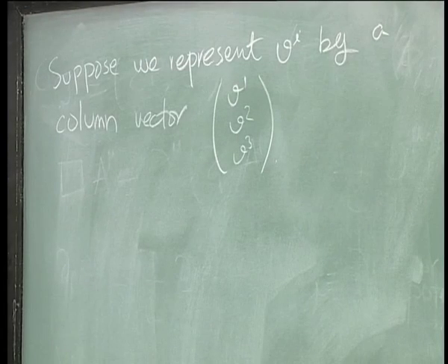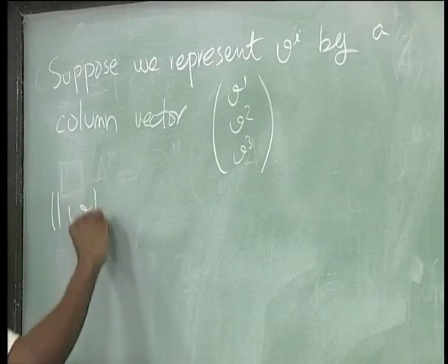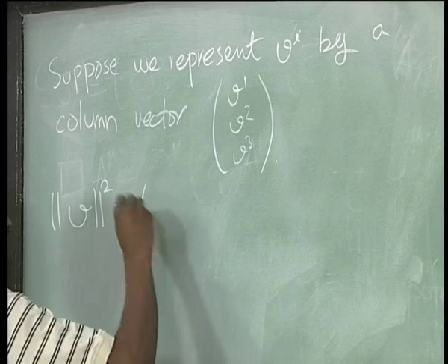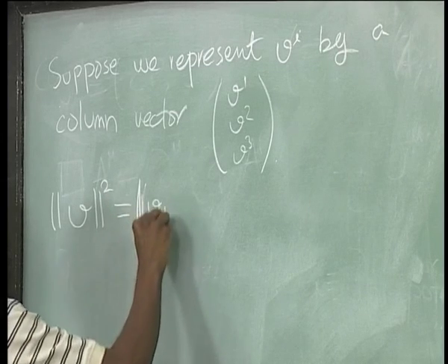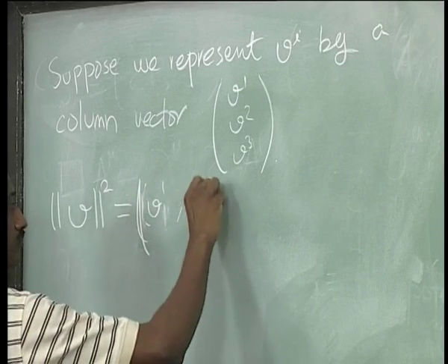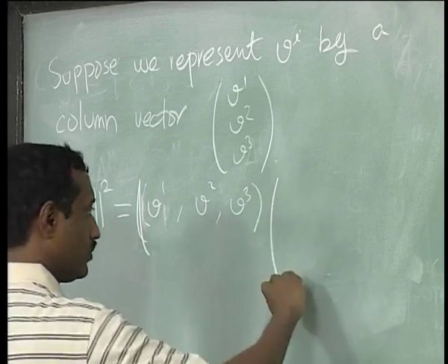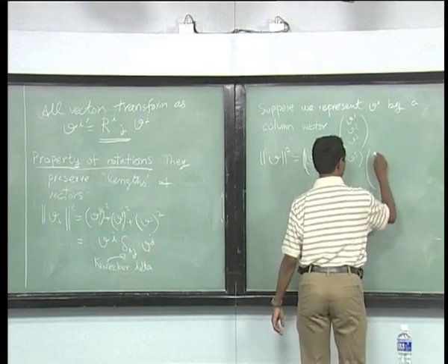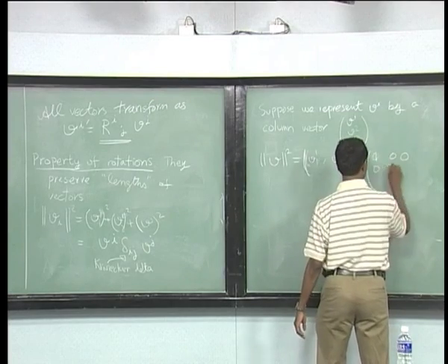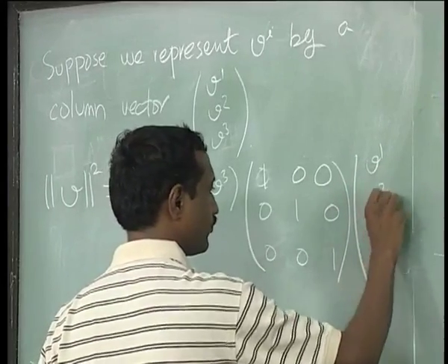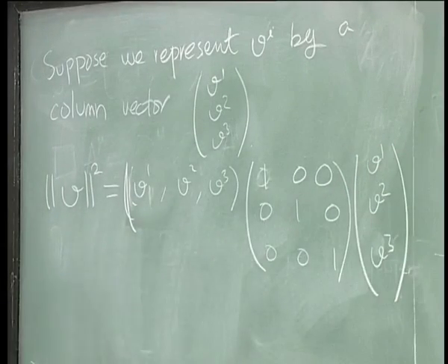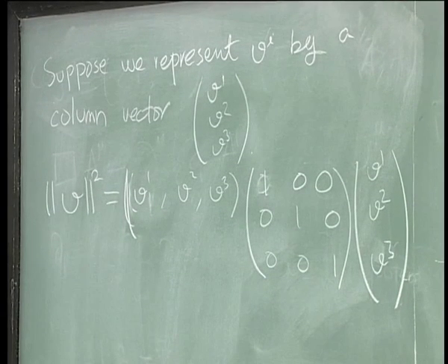Then you will see that we can rewrite this whole process, this norm, as the transpose of this, which is a row vector, and the Kronecker delta is the identity matrix. Okay. Then you can see that if you carry out this thing, obviously you recover this thing.